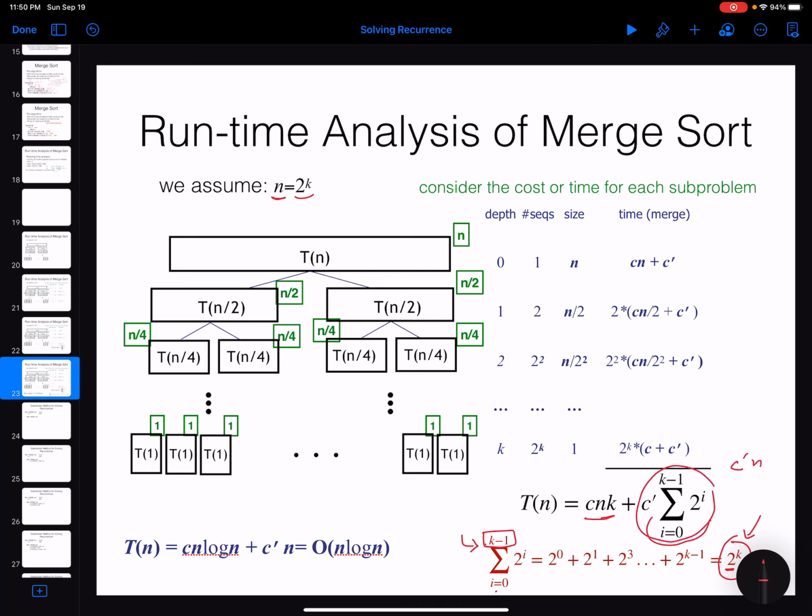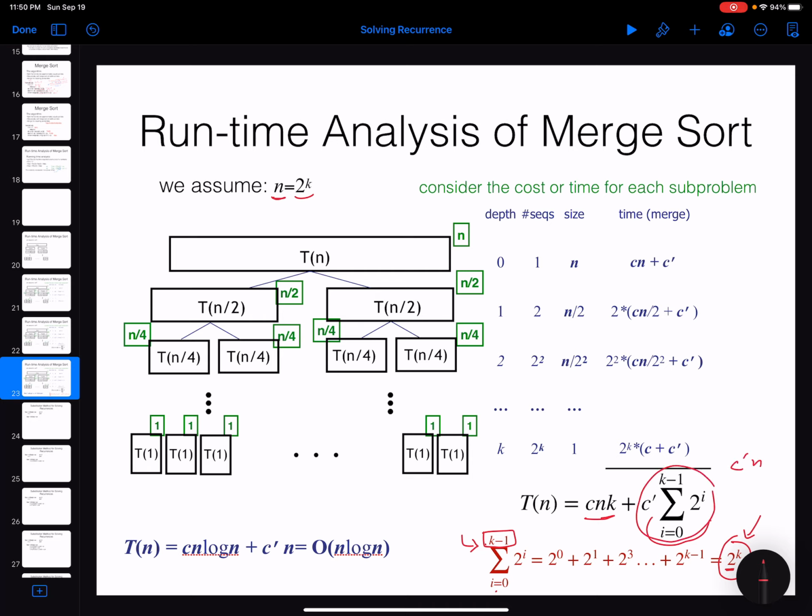Let me, I forgot something. 2 multiplied by 2T of n divided by 2 to the power of 2 plus cn divided by 2. So now if I multiply this term 2 inside the whole bracket, I will reach this relation: 2 to the power of 2 T of n divided by 2 to the power of 2 plus cn, right?